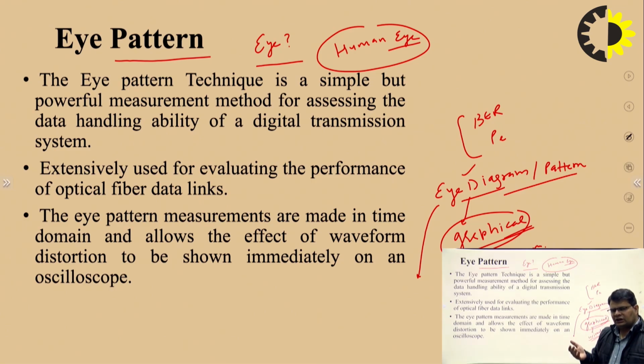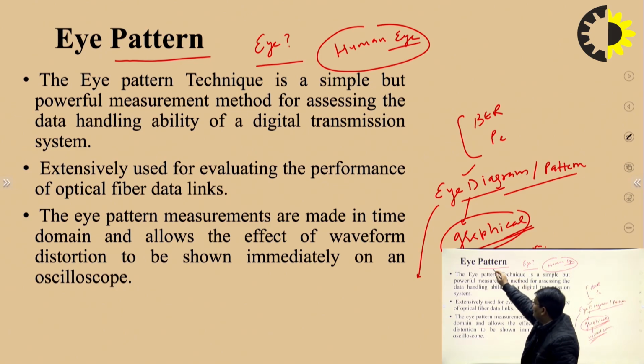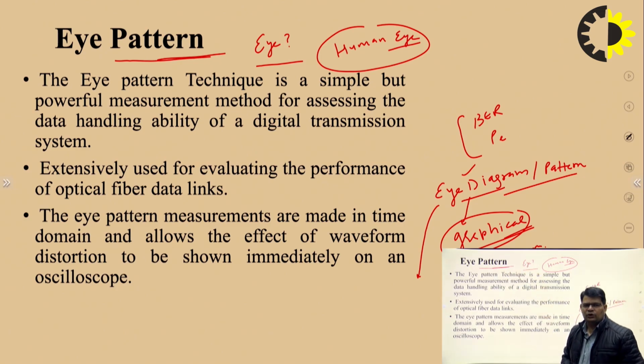And in reverse, when the eye diagram is closed or the eye shape is closed, we can say that there is distortion, or that the performance of the communication system is not so good. So we can simply analyze the performance of a communication system, especially a wired communication system, using the eye diagram or eye pattern, and it is called so because of the similarity in shape with the human eye, or its performance comparison with the human eye.